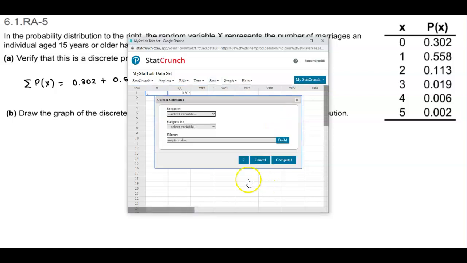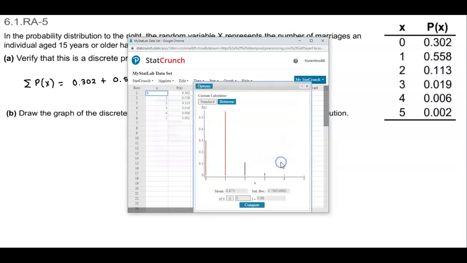When you select Custom, we put the values. The first variable is X. The second variable, where the weights are, is the probability, P of X. Then we select Compute, and from here we can see what the graph looks like.